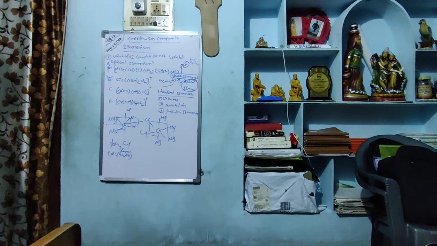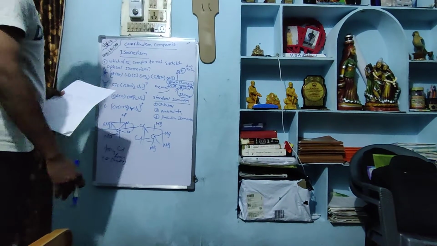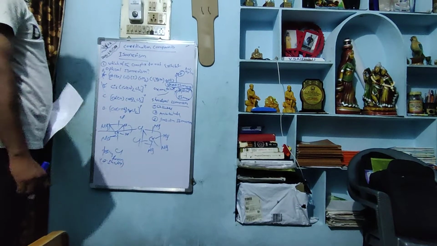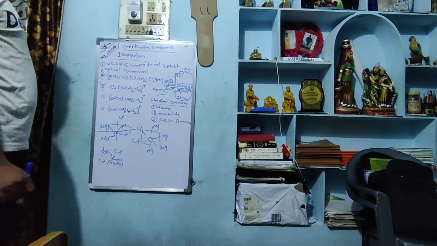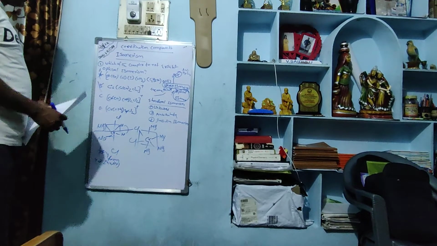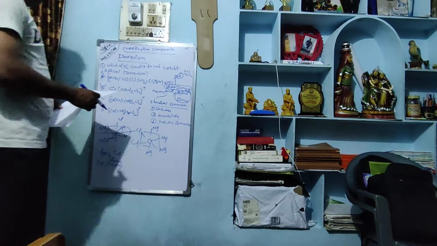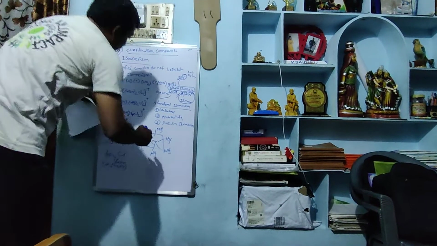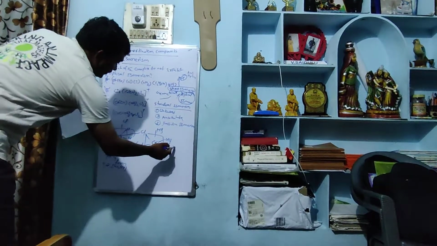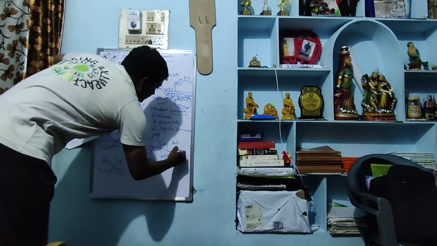If you consider this one, tetraammonium dichloride, it will show a plane of symmetry. It will completely show a plane of symmetry. If you take this one plane, it will be optically inactive in the case of cis form also.